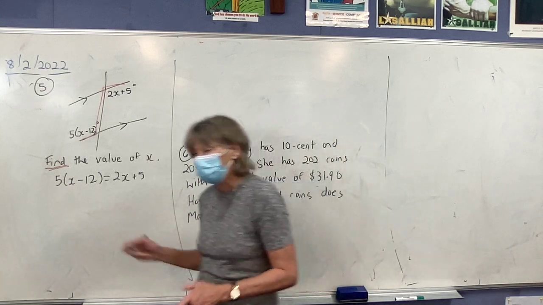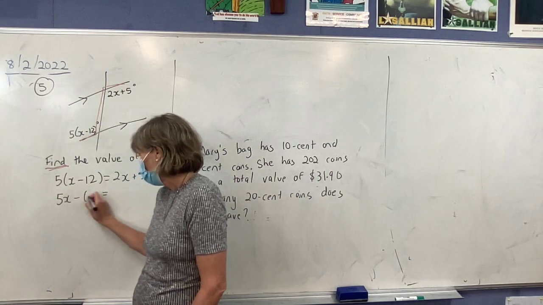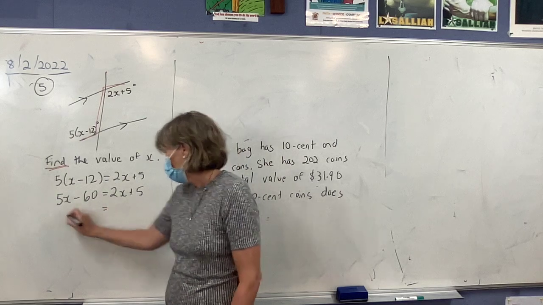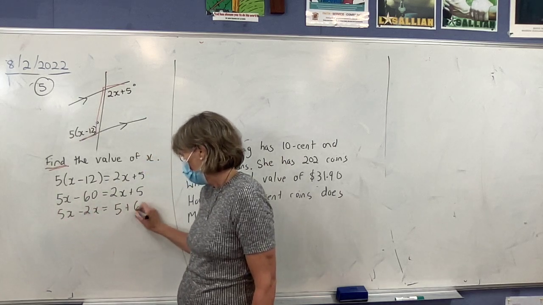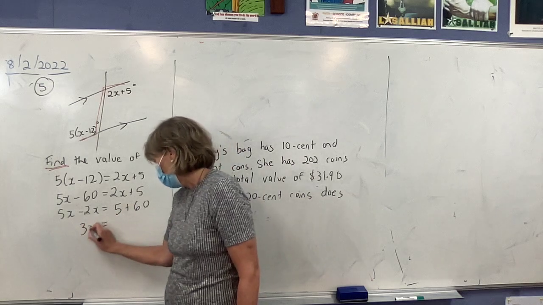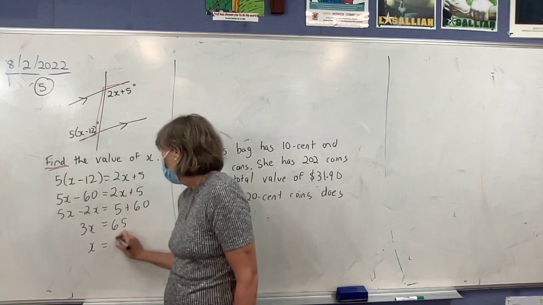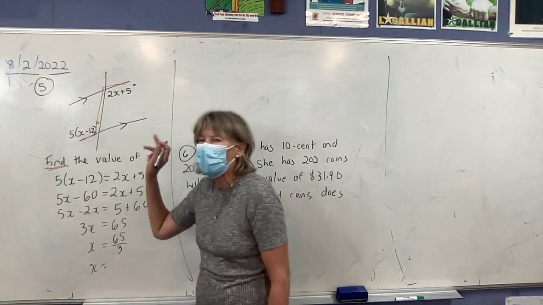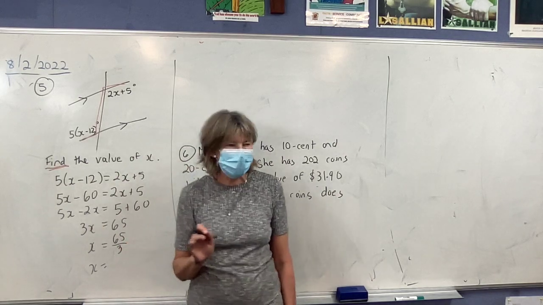Keep going. And then I expanded, so 5x minus 60, and then it's 3x equals 65, and then x equals 65 on 3. And we will take this one further because we are talking about an angle and it makes no sense really to write 65 over 3 degrees.